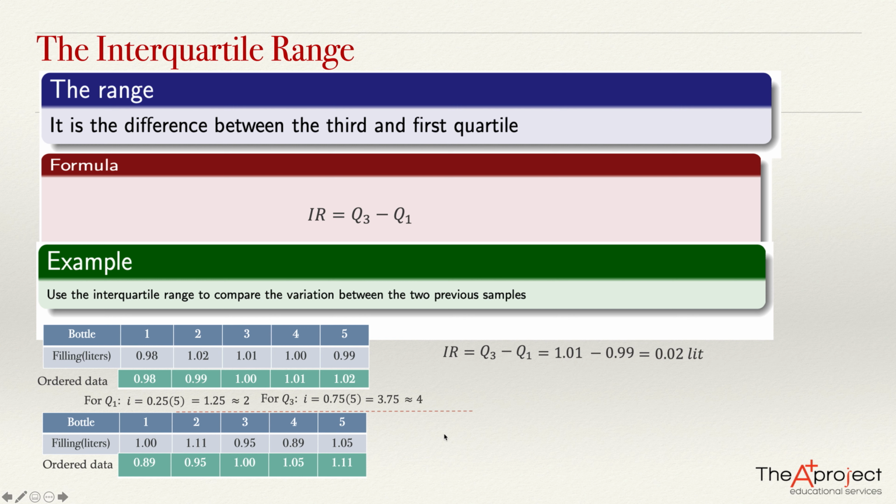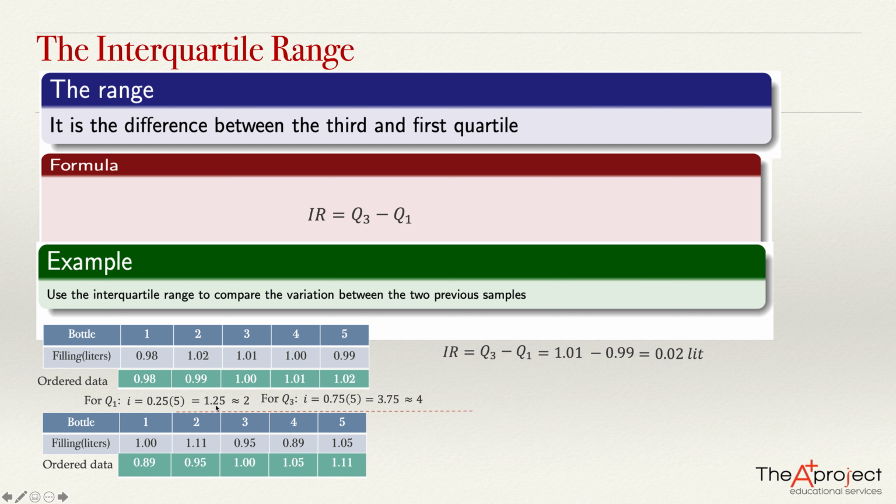Now we can type here the interquartile range equals Q3 minus Q1. We don't need to compute the positions again because we again have 5 data, so n is the same, and quartile 1 is at 25% of the data and quartile 3 at 75%.